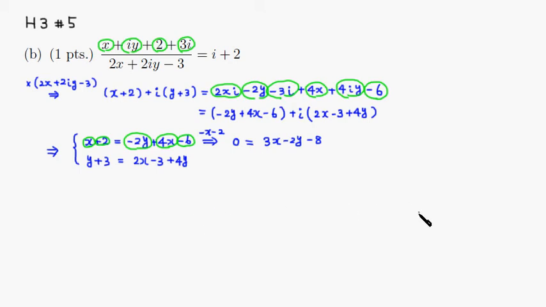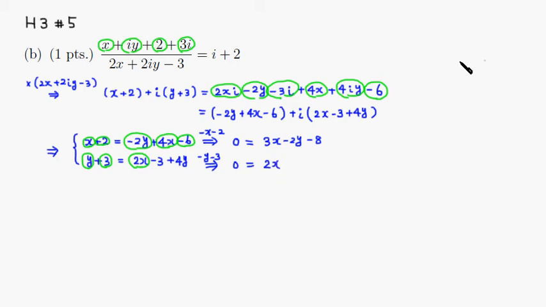For the second equation, we do a similar thing. We subtract y and 3 from both sides, so we have nothing on the left: subtracting y gives 0, and subtracting 3 gives 0. Then 2x is already there.